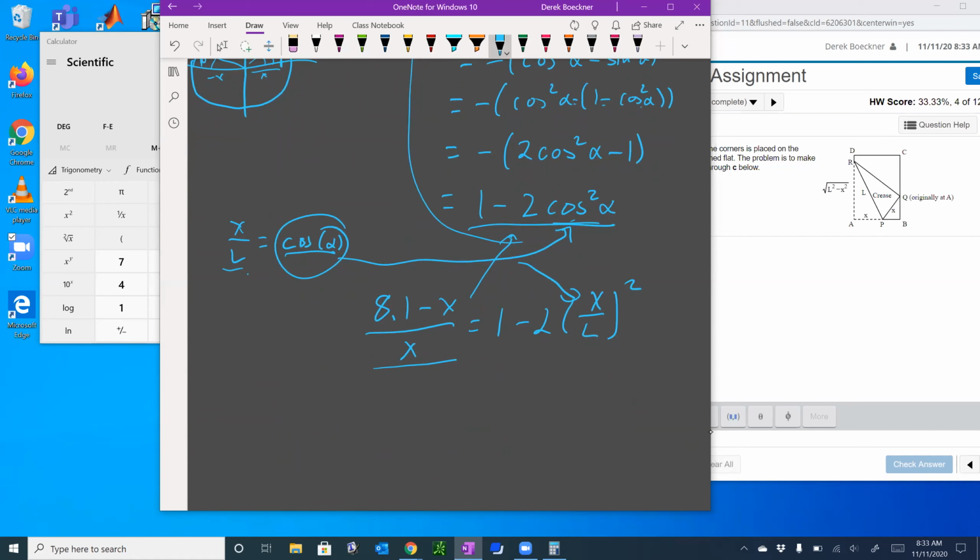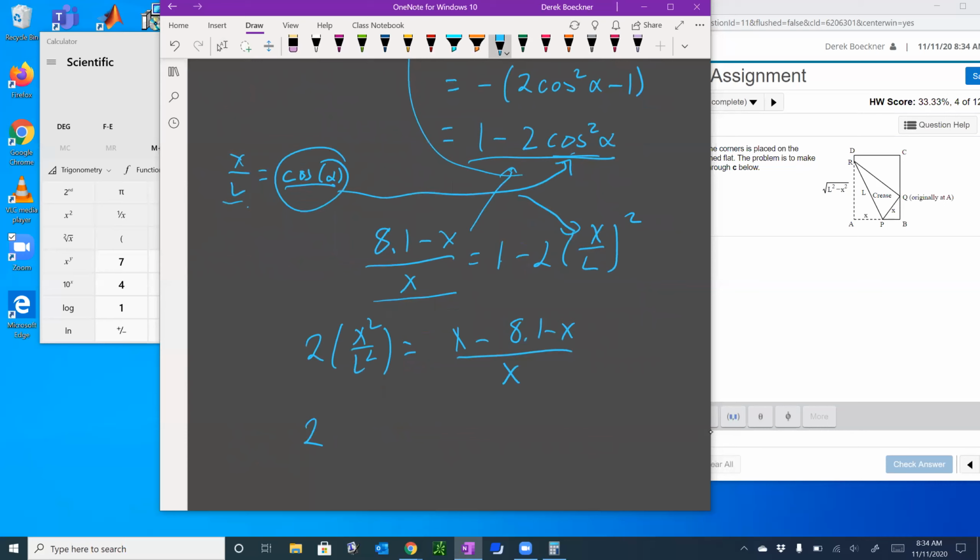So I'm going to move L, let's multiply everything by L squared. Actually, let's move the 1 over first. So rearrange things. 2 x squared over L squared equals 1 minus 8.1 minus x over x. And so this will be an x here too.